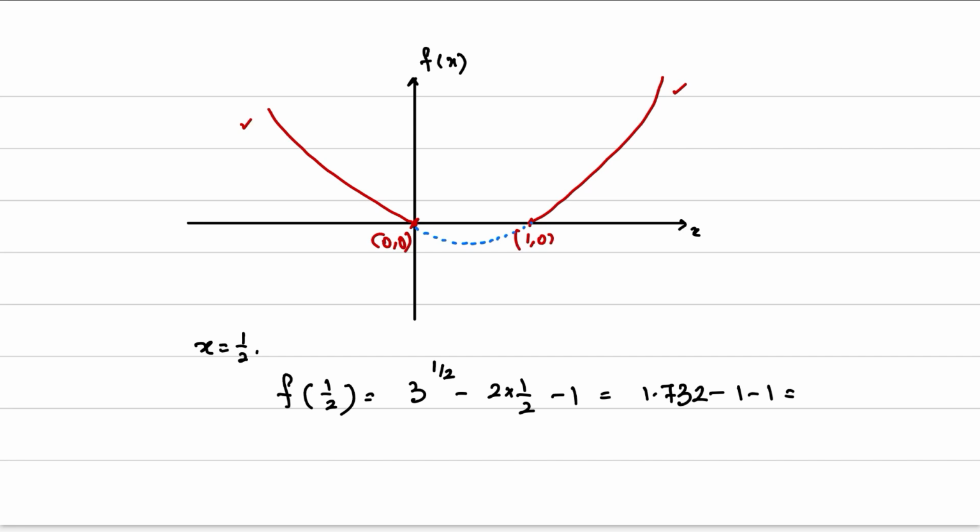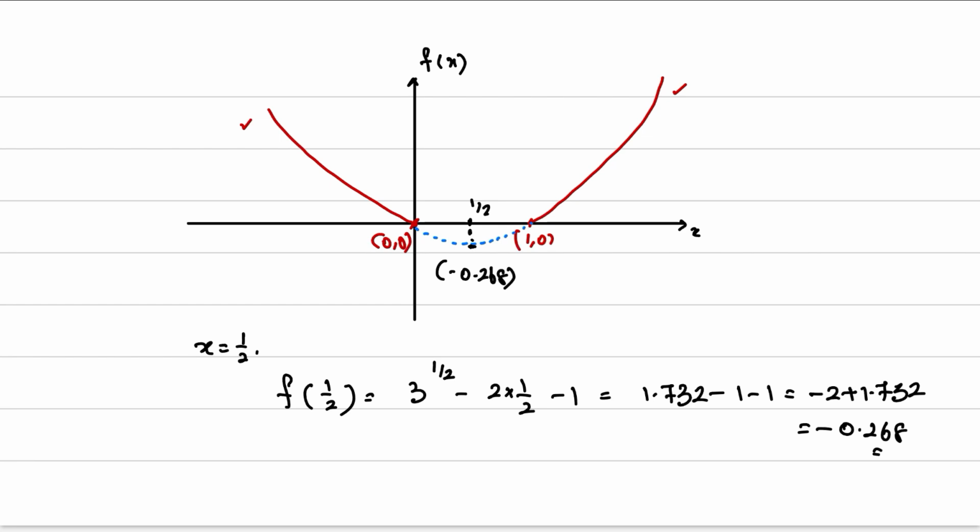That means for x is equal to half, this gains a negative value. Minus 2 plus 1.732, it will be minus 0.268. That means at half, it attains a value of minus 0.268.